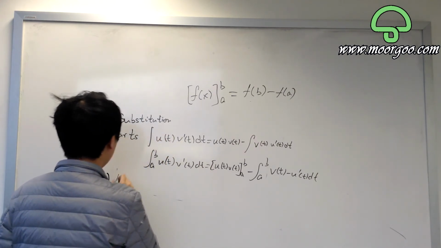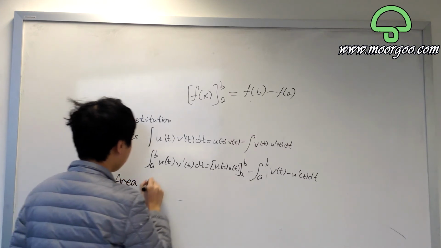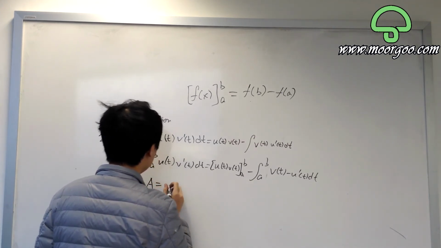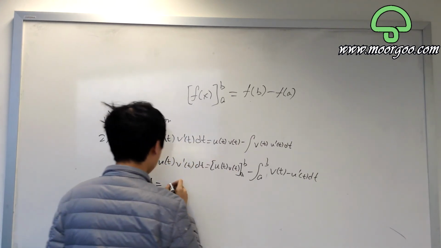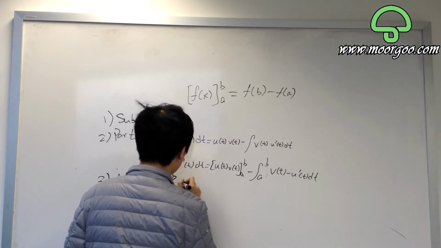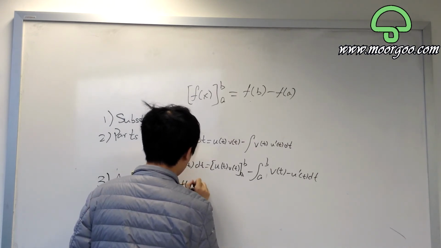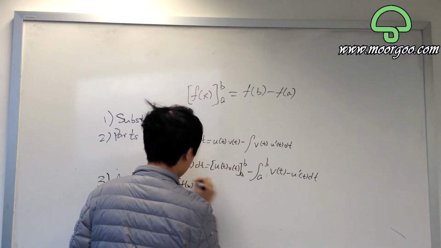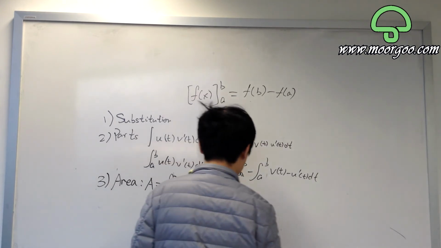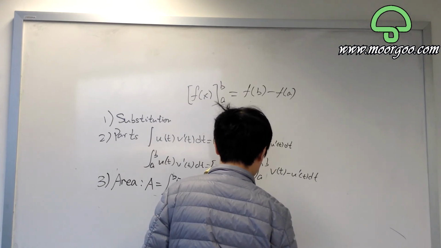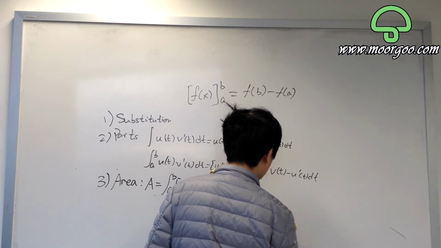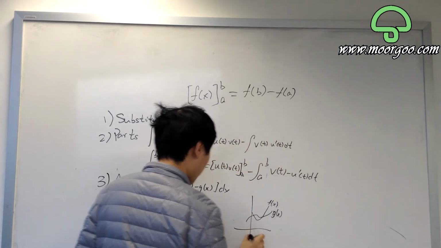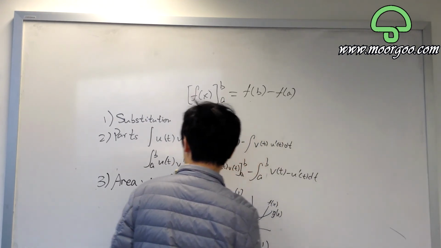Number 3, areas. The area between two curves is given by this formula.